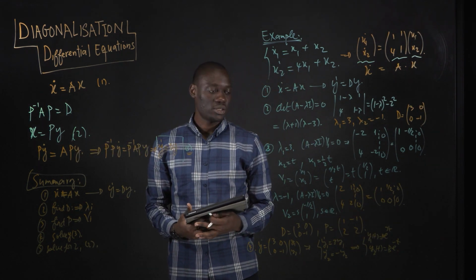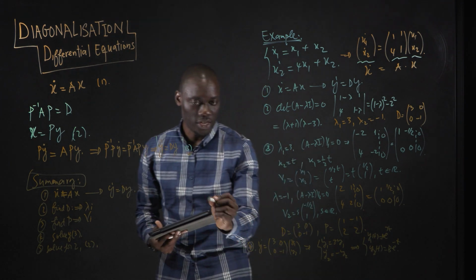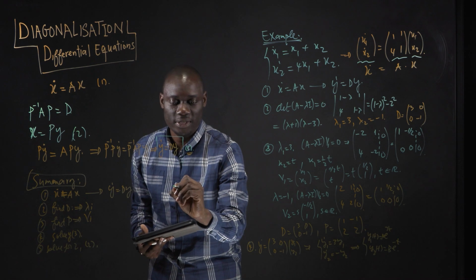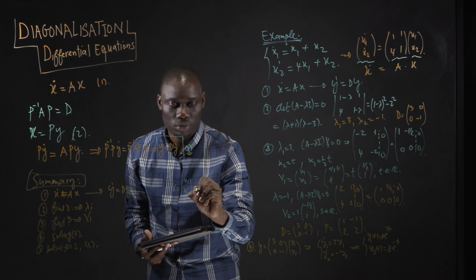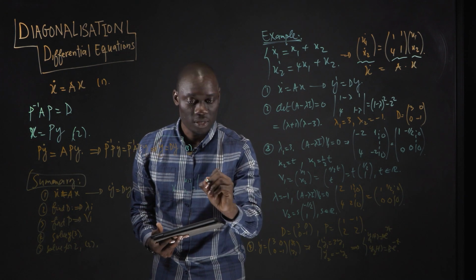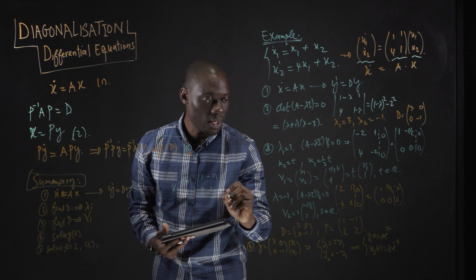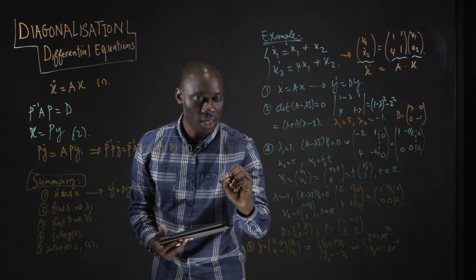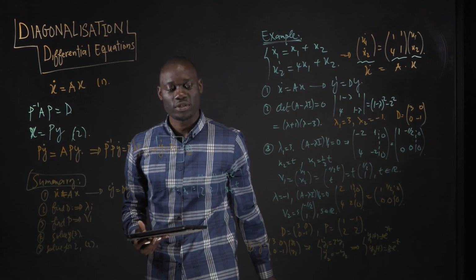So I have Y1 and Y2, then I can directly solve for x. Therefore, x, which is x1, x2, equals P times Y. P is 1, 2, minus 1, 2, times a e to the 3t and b e to the minus t.